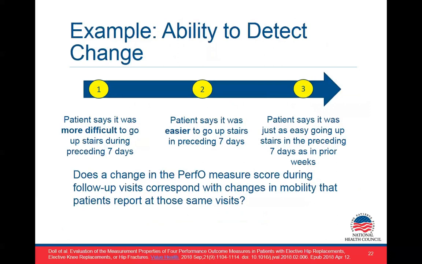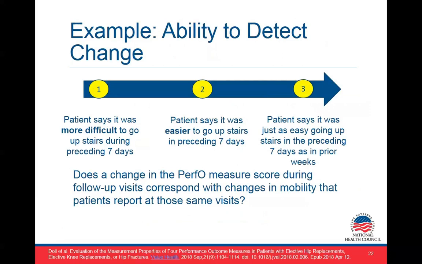Here's another example. At the beginning, at time point 1, patients say it was more difficult to go upstairs during the preceding 7 days. At time point 2, they say that it was easier to go upstairs in the preceding 7 days. And at time point 3, they say that that was maintained.